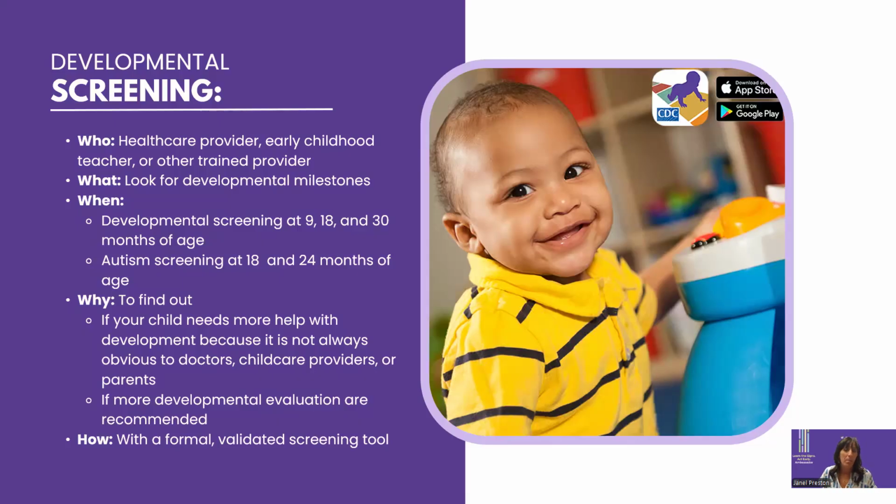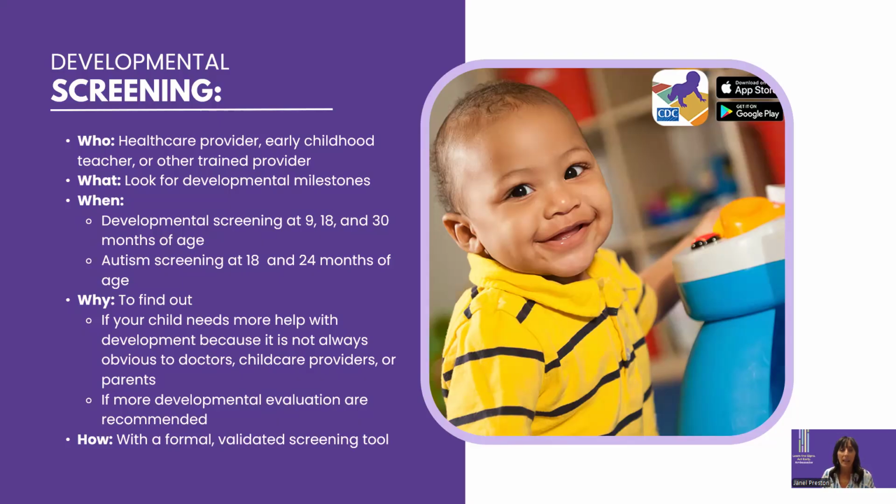After developmental monitoring, we come to developmental screening. And this is a step beyond that monitoring. It's a structured, formal look at a child's development. Screenings are done by trained professionals like pediatricians, early childhood educators, or other professionals using a validated screening tool.